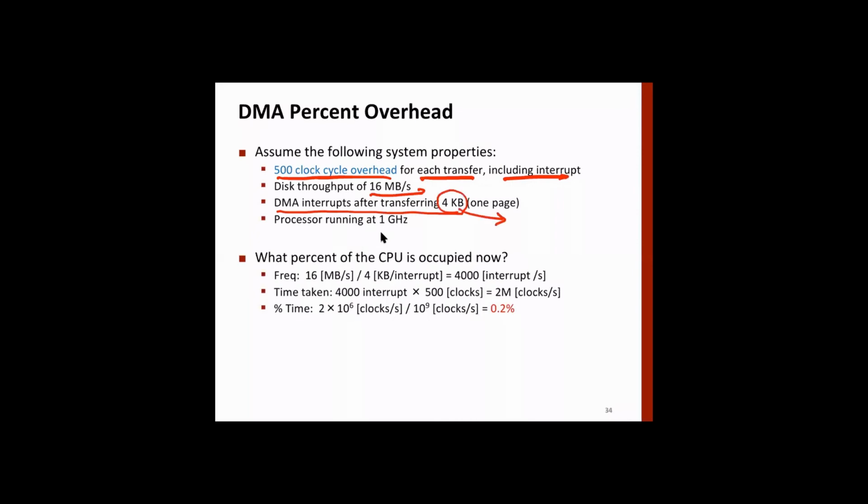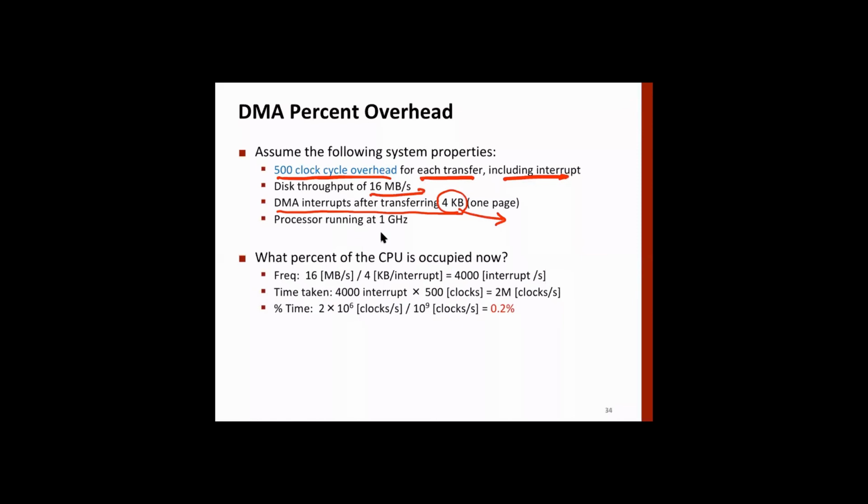Earlier, the CPU was interrupted after some 16 bytes or something like that. Now it is once the whole page transfer is complete that DMA will interrupt the CPU.